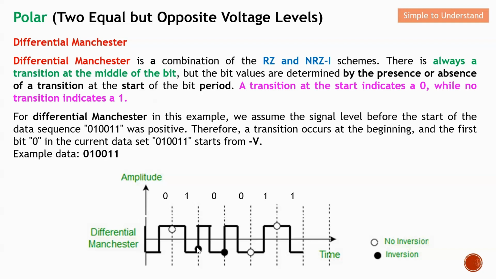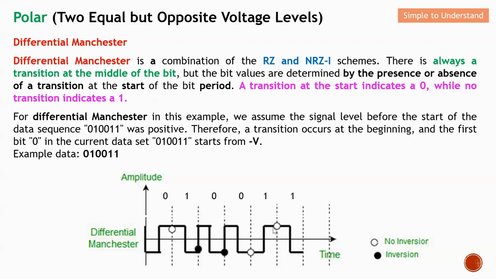Again, it's a 0, so 0 indicates there will be a transition. Therefore, I will come up here, and then going to the half bit, I will return back again. The next bit is equal to 0, which means that I'm going to have a transition. After that, I will return back here again. After that is message 1, which means it will be the same, no transition. So therefore, I will have this waveform.